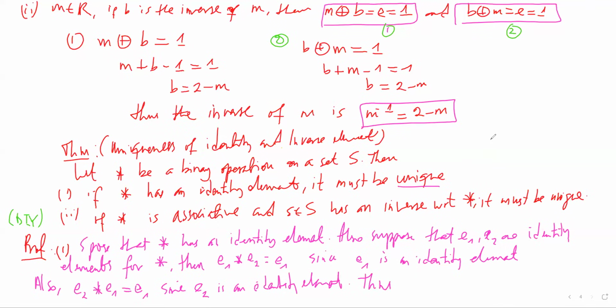And that means that E1 is equal to E2. And then we draw the conclusion that the identity element is unique. Okay.